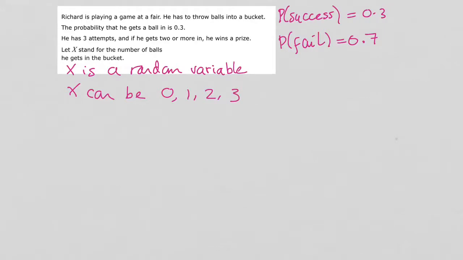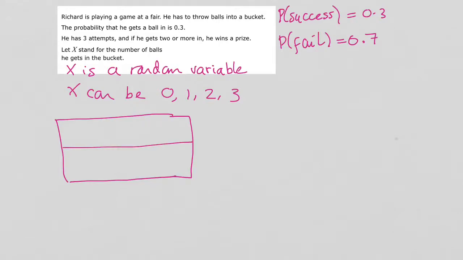So what we're going to do is put this into a table, and this table will be called the probability distribution. I'm probably making this a little bit too small. So x can be 0, it can be 1, it can be 2, let me add on the end here, it can be 3.